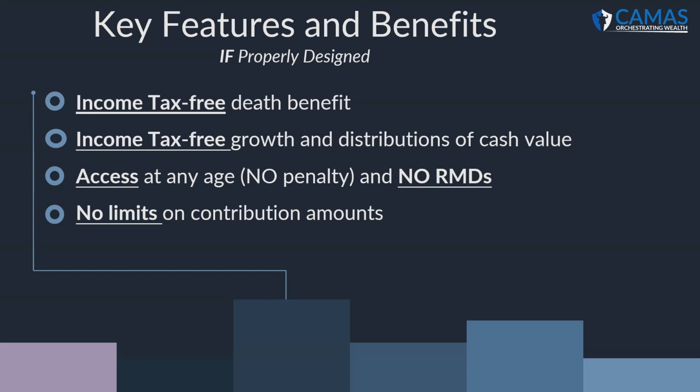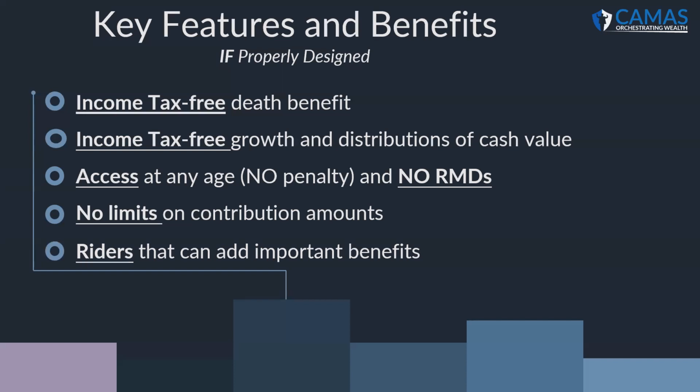They're limited. There again, Roth IRAs are good. You can put the money in, you can grow it tax-free, access it tax-free. But can you put in the amount of money you want? With a life insurance policy, we don't have that restriction. And so we can put in hundreds of thousands if that's what we want to do. You design the policy for what you want to put in.